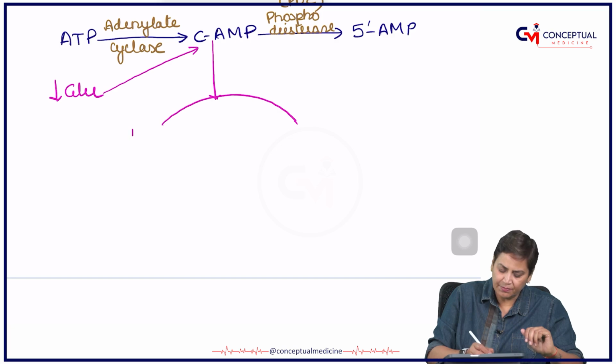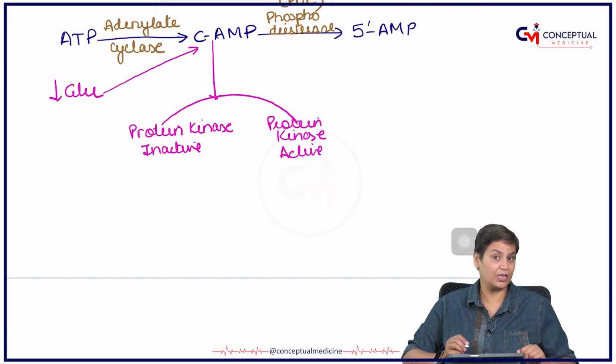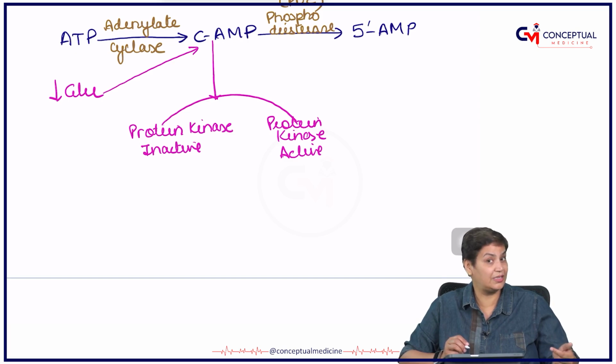It makes protein kinase active, which was earlier inactive. Because it is activating something, no? So it will make this protein kinase active. Now, I told you that the body requires glucose now. So obviously just imagine which process will be accelerated. It has to be glycogenolysis.